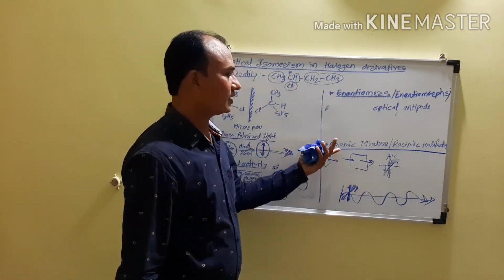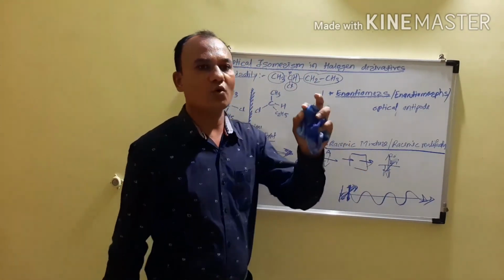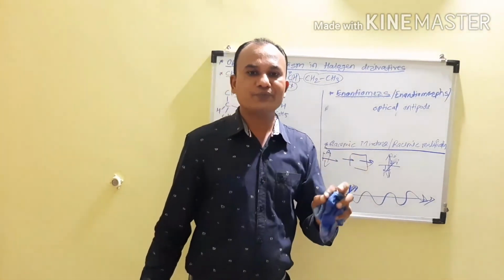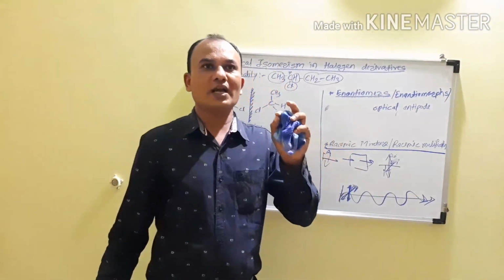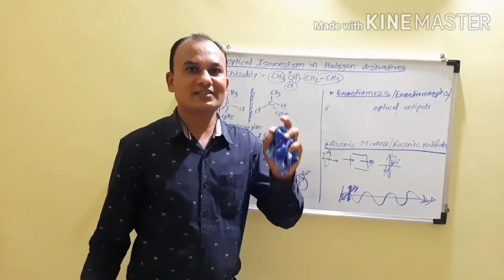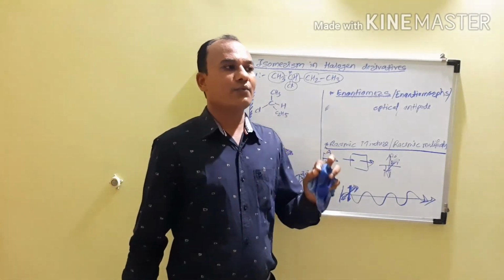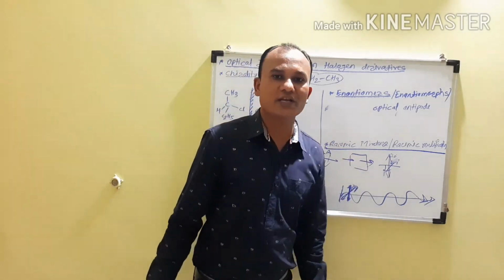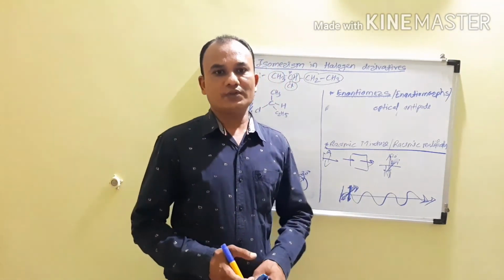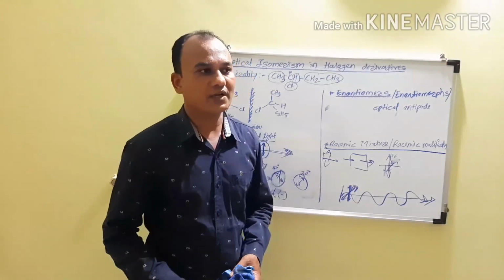Therefore we can say that the racemic mixture is optically inactive because the dextroisomer and levoisomer cancel the rotation of each other, and it becomes optically inactive. So that is the concept of optical activity.